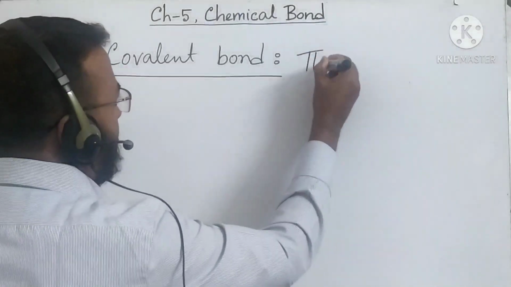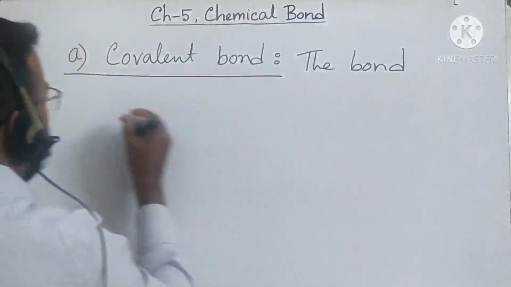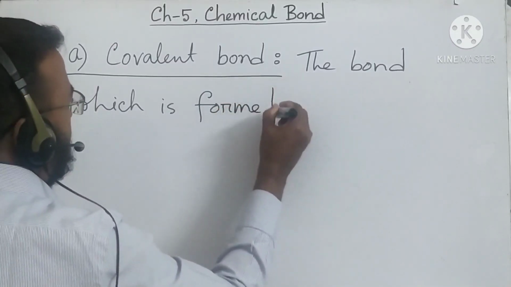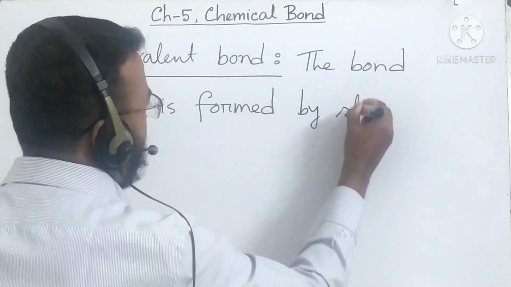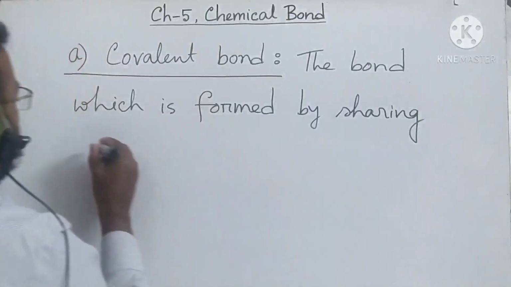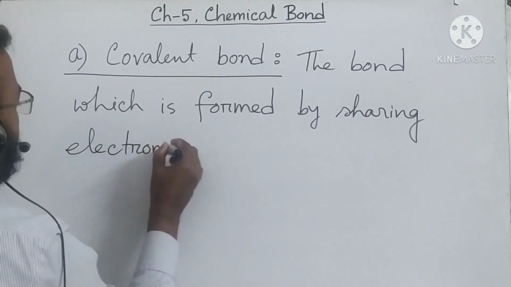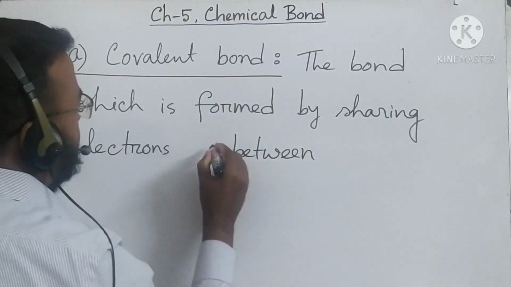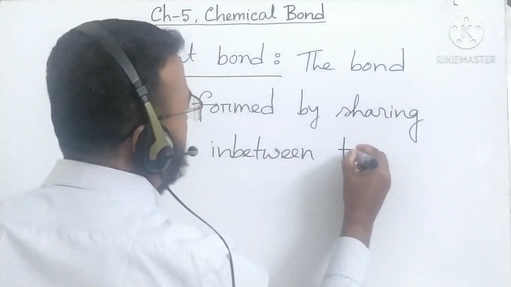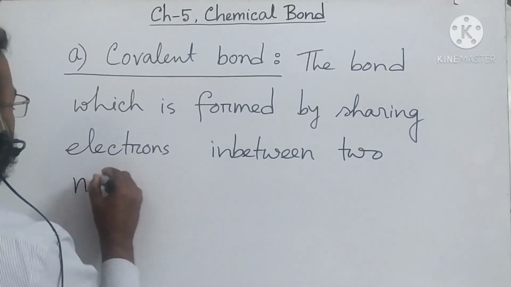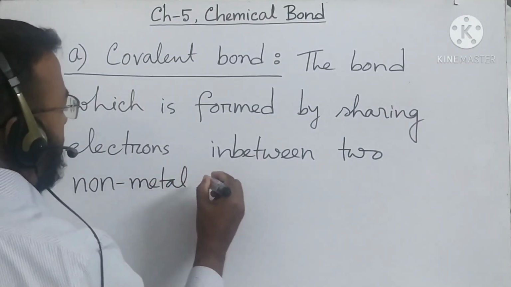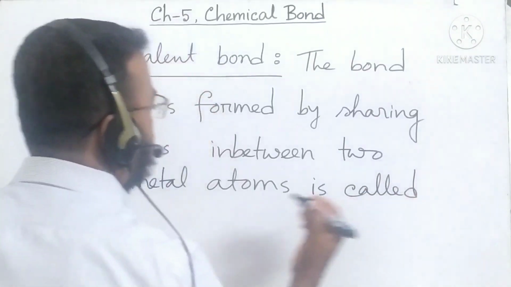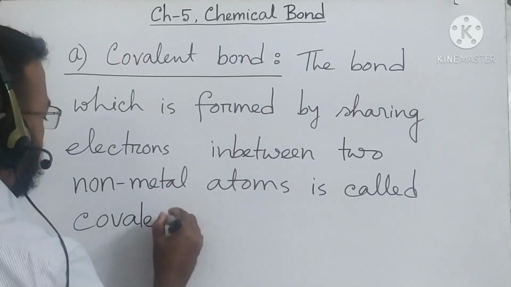So the bond which is formed by sharing electrons in between two non-metal atoms is called covalent bond.